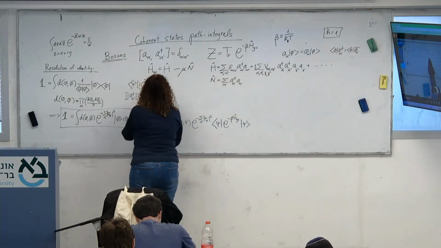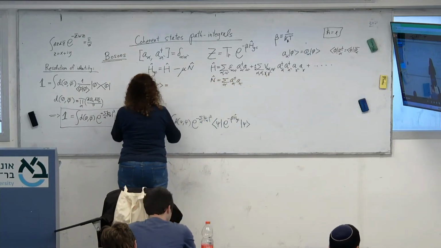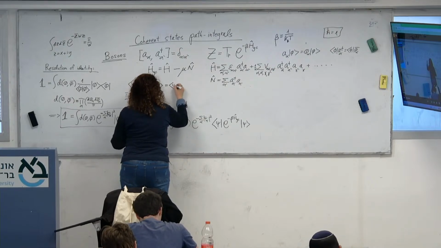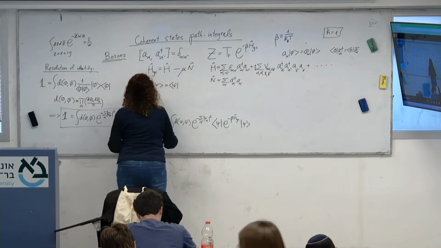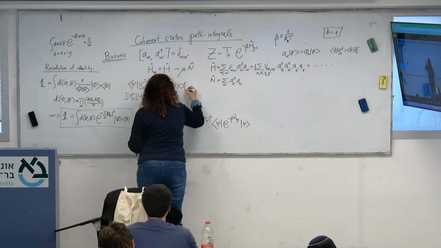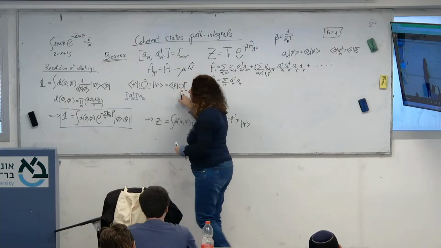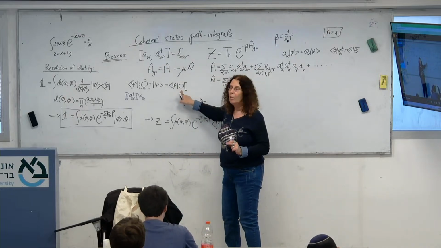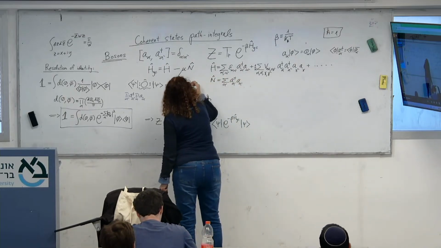As a result, what I'm going to get is psi prime times the following C number.